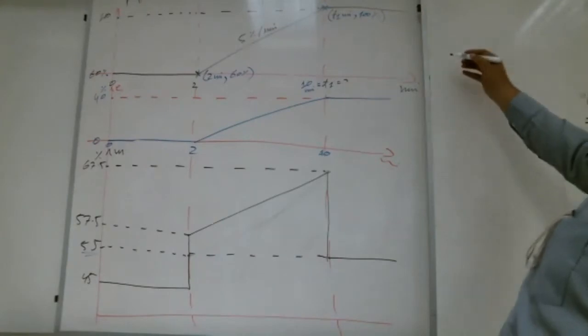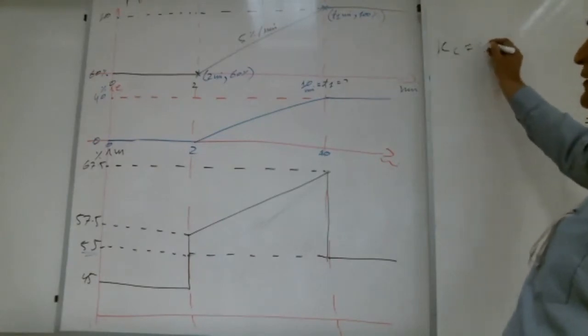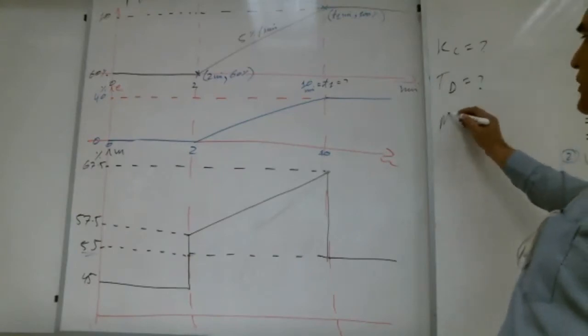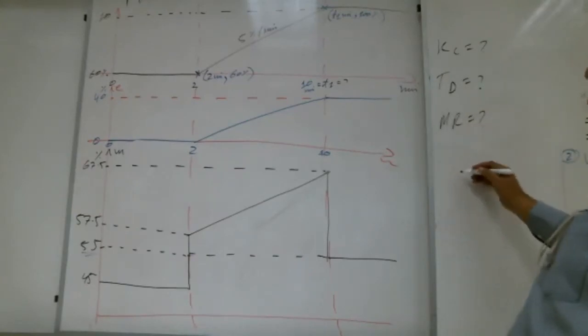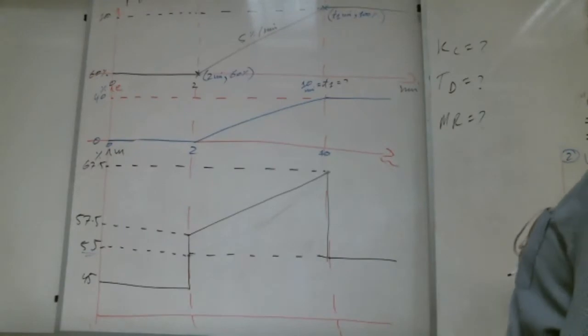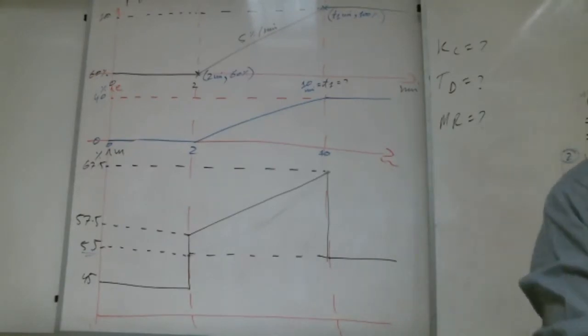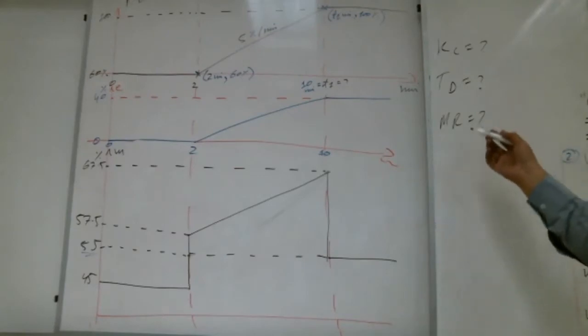Okay, Shabab. Now we need to find the KC, TD, MR, and what else? Gain. Gain is already there. KC, TD, MR.